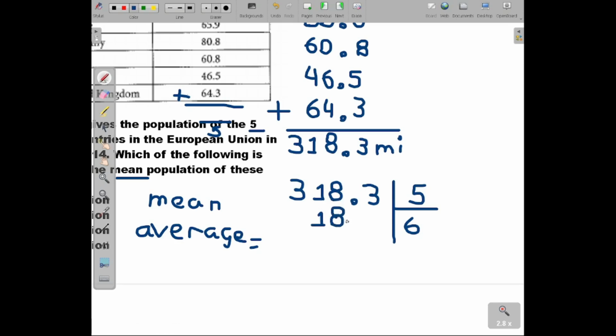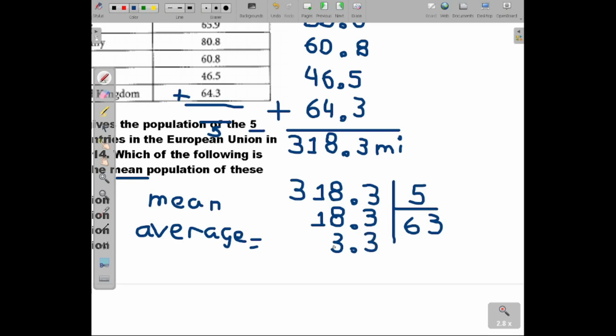We write the 8 and the rest. Now, which number multiplied by 5 is less or equal than 18? 3. 5 times 3 is 15, so we have 3 left, because 18 minus 15 is 3, and we copy the decimal, 0.3.